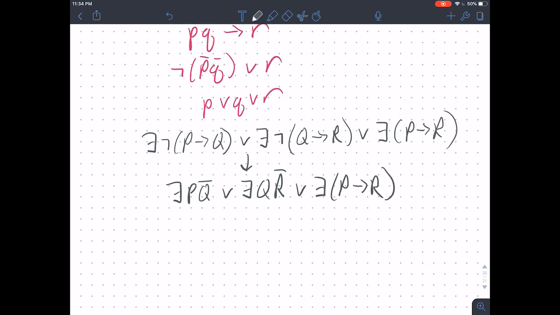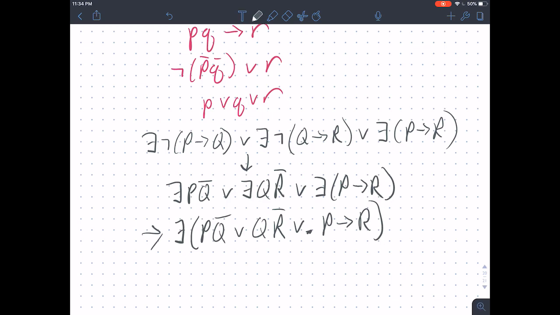So then the last thing I'm going to do here is factor out the E, right? So that gives us, and this is just a single Boolean existence schema.